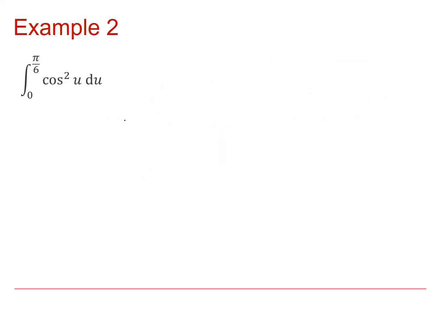Let's pick it up from the integral of cos squared then. I can't integrate cos squared directly, so I'm going to look at the double angle formula. I know that cos 2u is equal to 2 cos squared u minus 1, and therefore cos squared u is equal to a half of cos 2u plus 1.